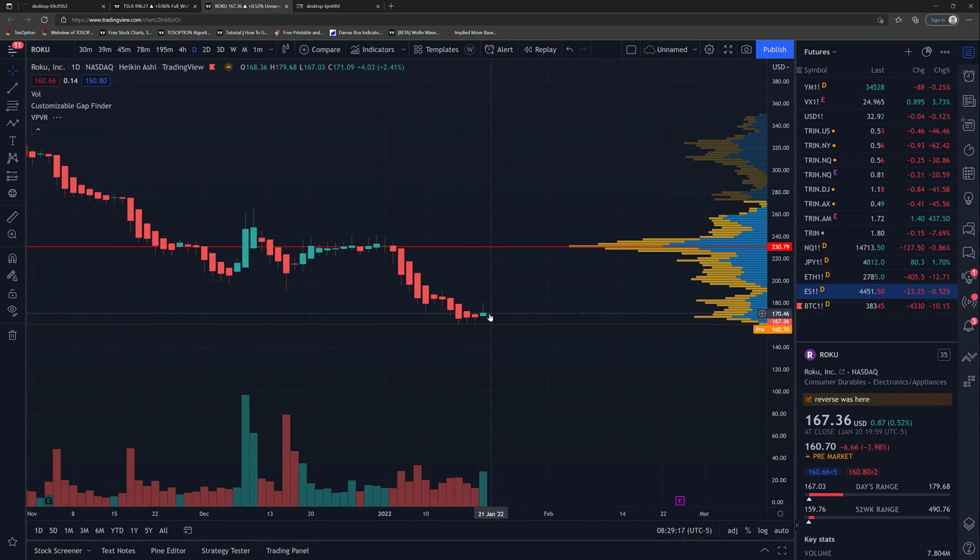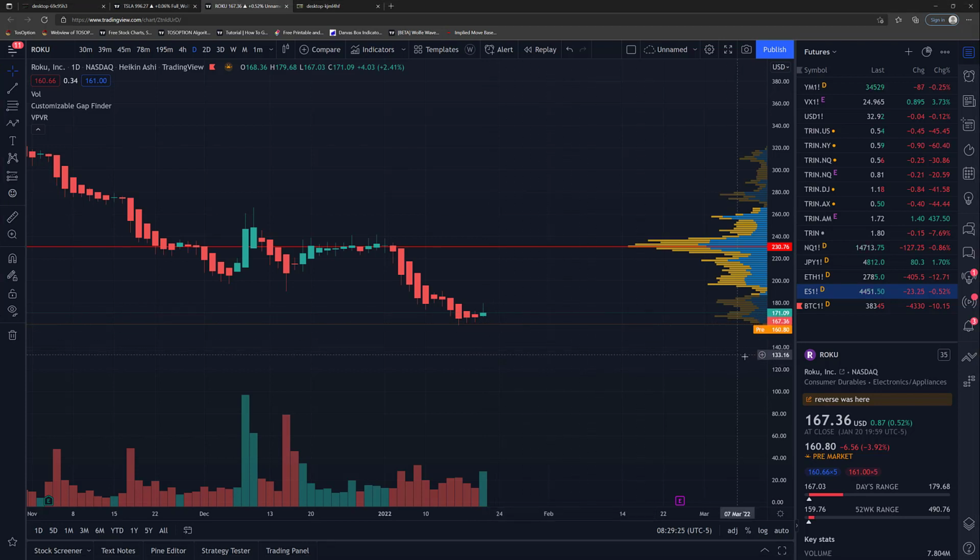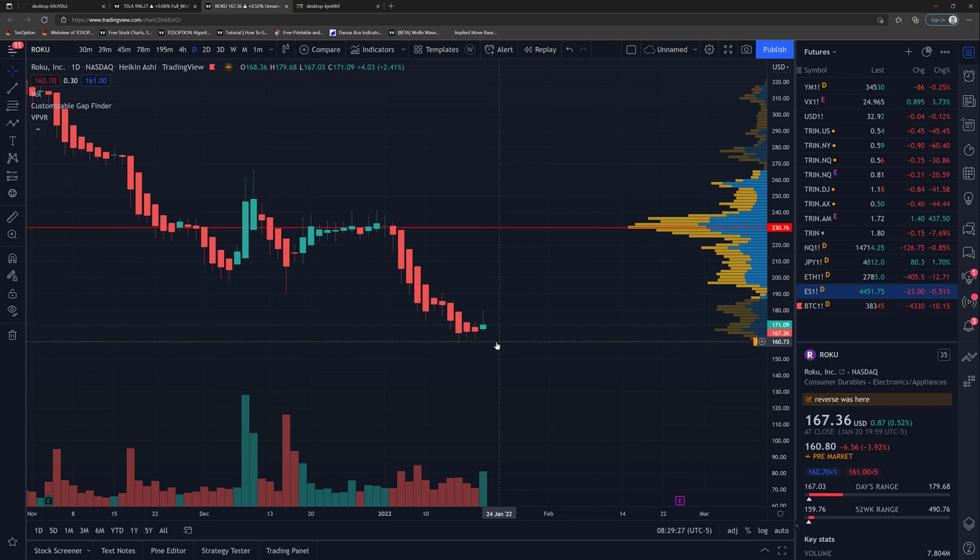So we got the first green candle, but Netflix pretty much destroyed any chance because it's got Roku gapping down $10 from its close. Actually, it pulled back quite a bit yesterday. So that Heikin-Ashi candle, I'm going to look at it at the end of the day together with everybody. I was hoping that it was going to stay green.